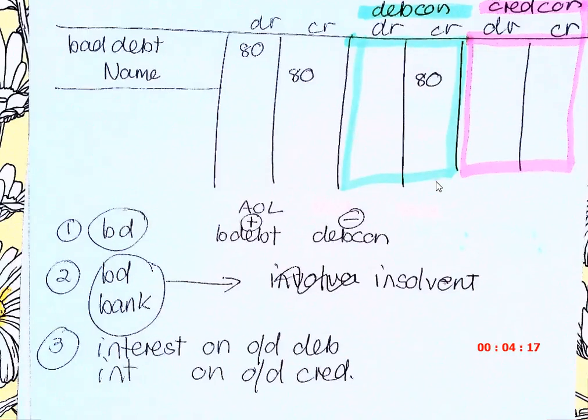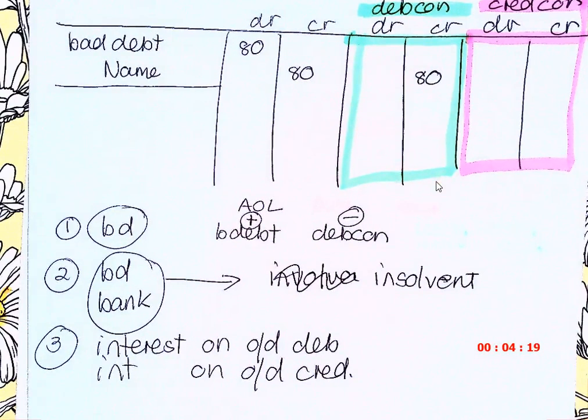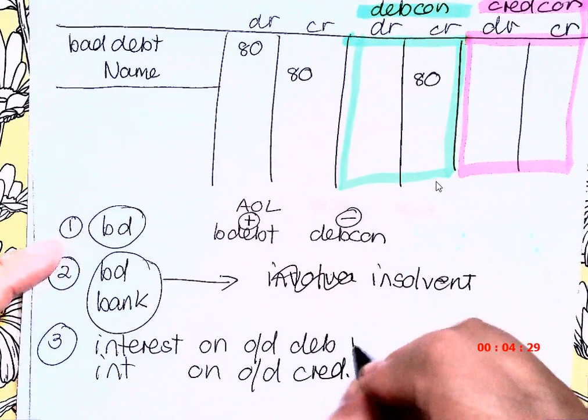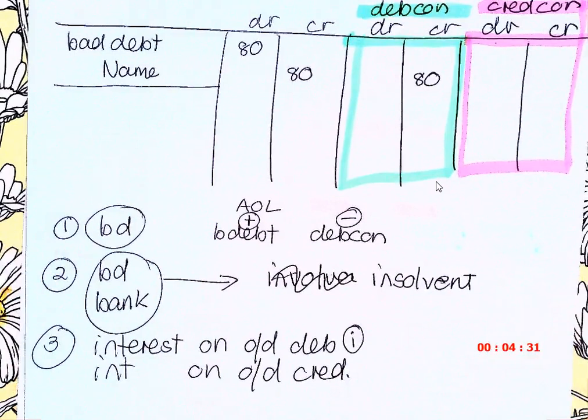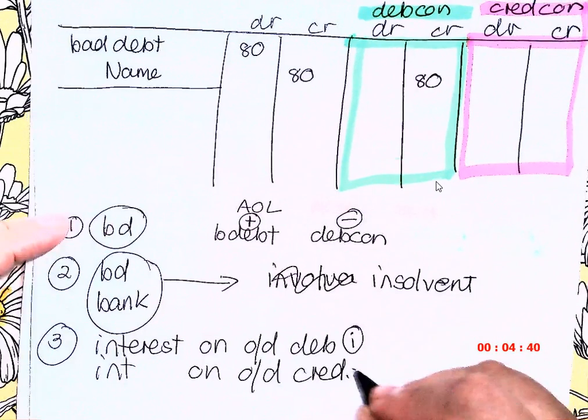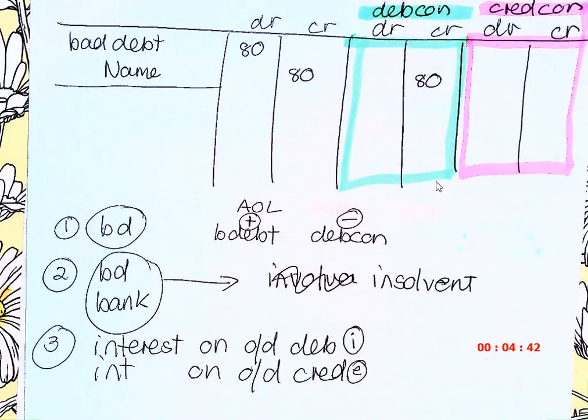Now if it's interest on an overdue debtor, it's money that's going to come in. I haven't received it yet, so I can't put it in the CRJ, but it's an income. Interest on an overdue creditor, on the other hand, is something I'm going to have to pay later, CPJ. So for me, that is an expense.